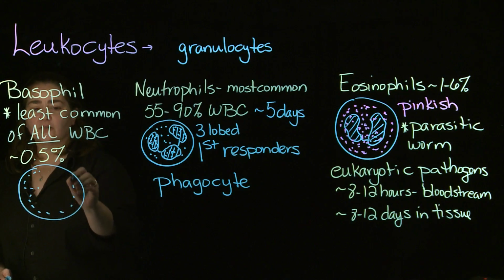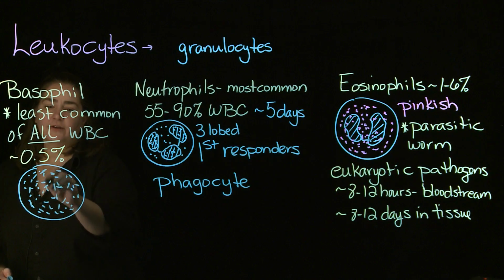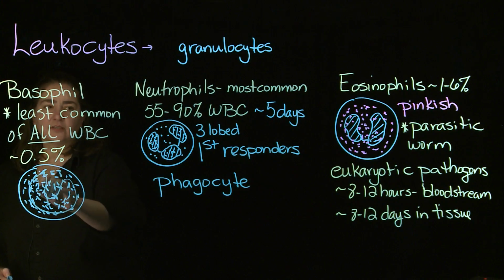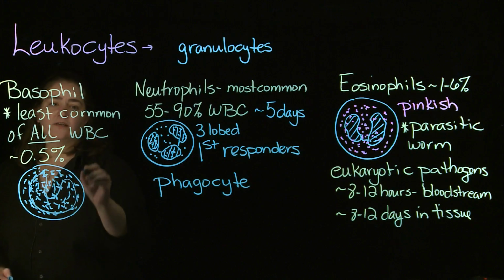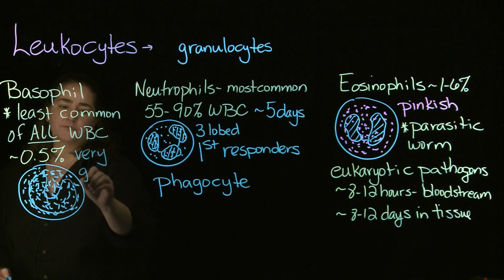They're actually going to look, and I'm going to draw it as dots, very dark and very granular. Typically they'll have kind of a horseshoe-shaped nucleus, but sometimes the nucleus is really hard to see through all of the granules.